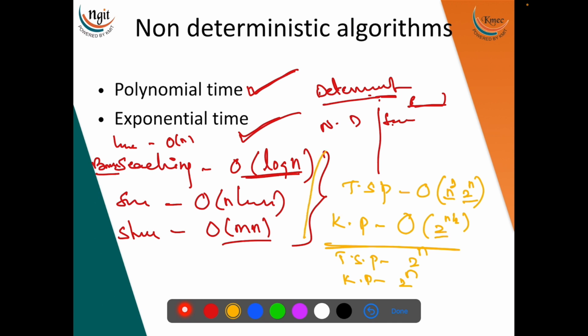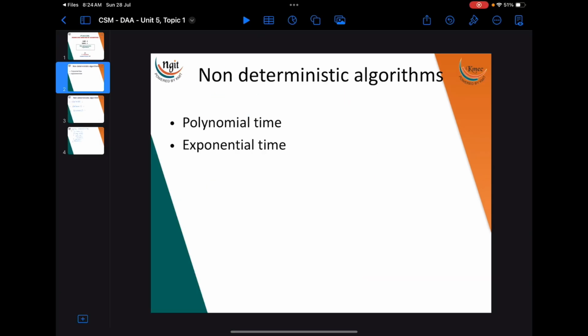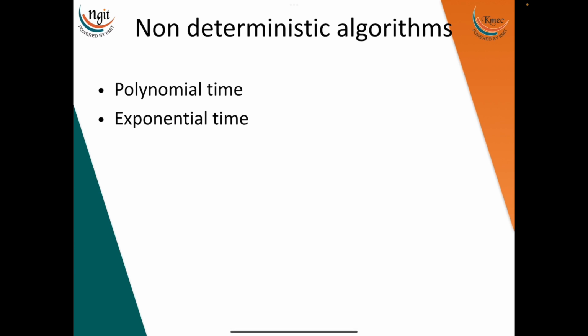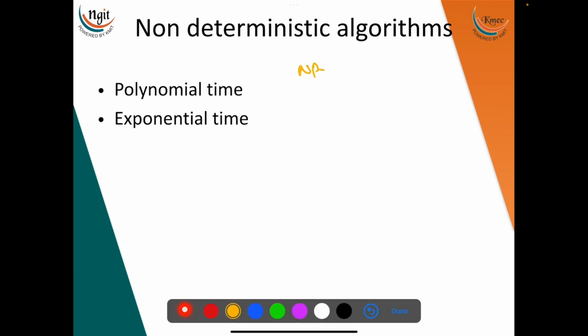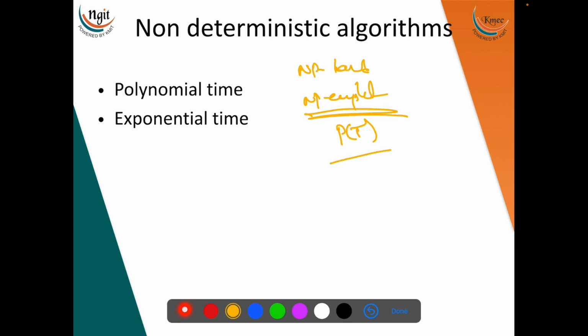Now, here there are two classes of problems that are established. These are given the names NP-hard problems and NP-complete problems. A problem that is NP-complete has the property that it can be solved in polynomial time if and only if all other NP-complete problems can be solved in polynomial time.